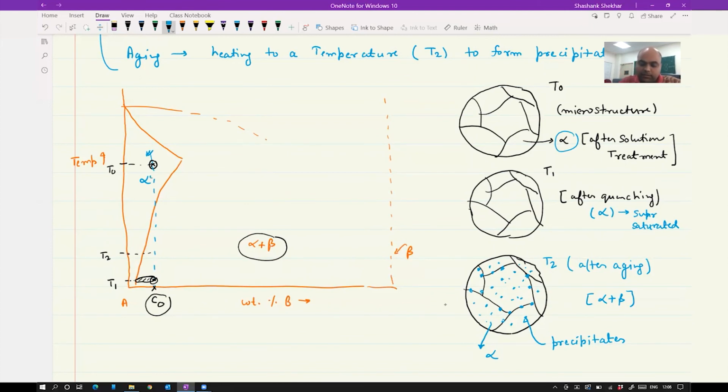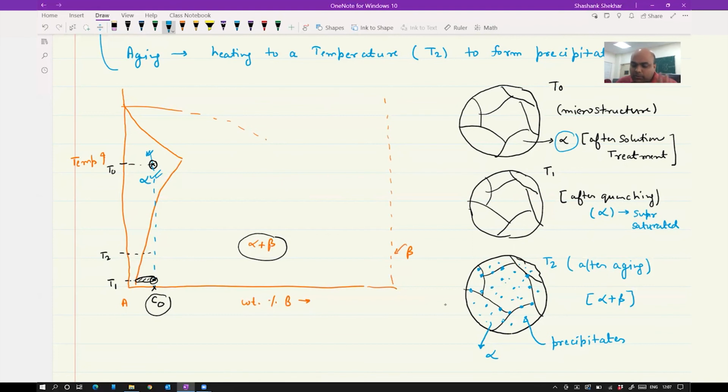Then we quench it and we form a supersaturated solid solution, where, given a chance, if you give sufficient driving force, B atoms will come out from the matrix and form precipitates, because the phase diagram suggests the microstructure should be alpha plus beta, right? So what we do is aging treatment. We go to a slightly higher temperature, and then we heat it there to form precipitates, which is beta in this particular phase diagram.